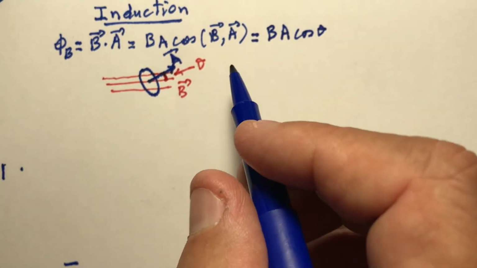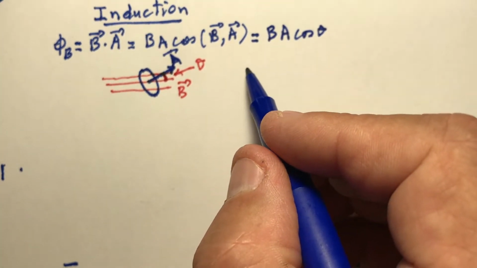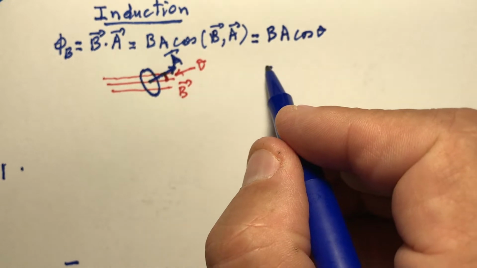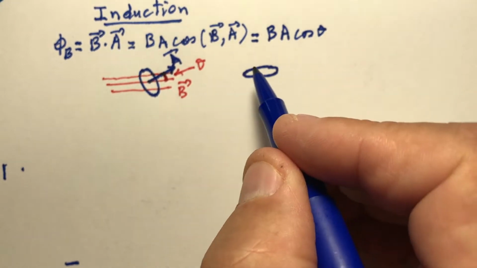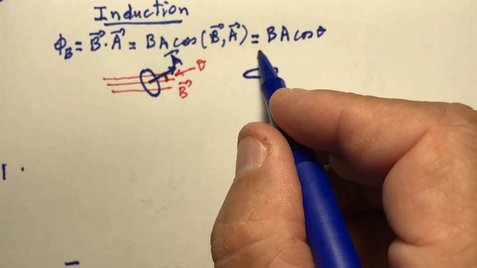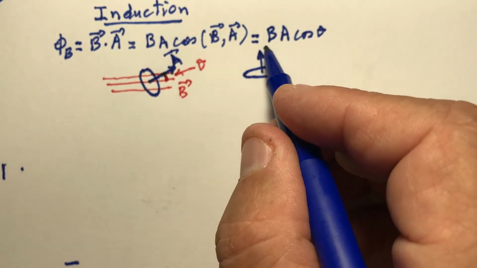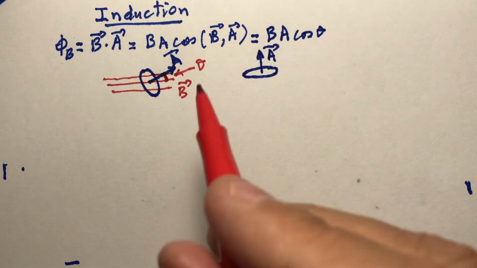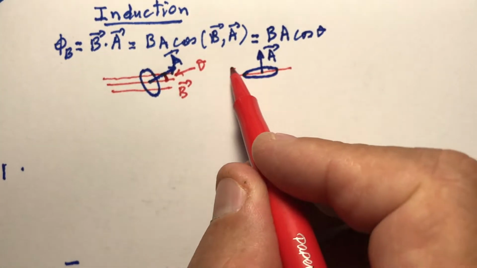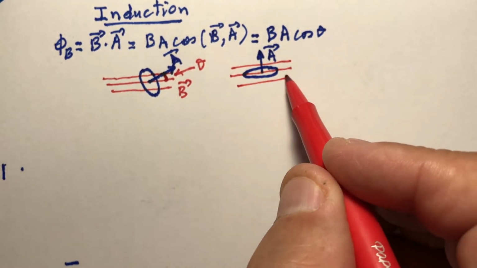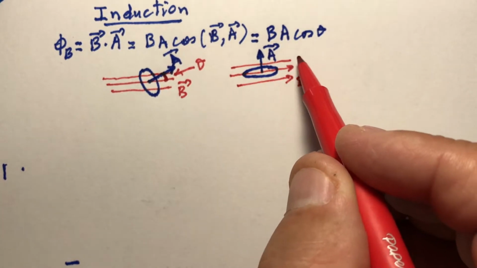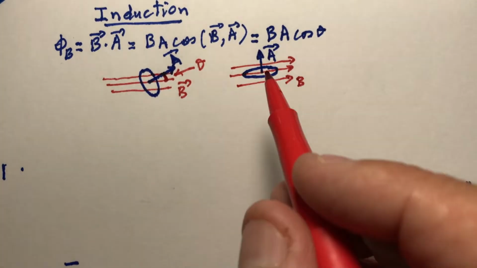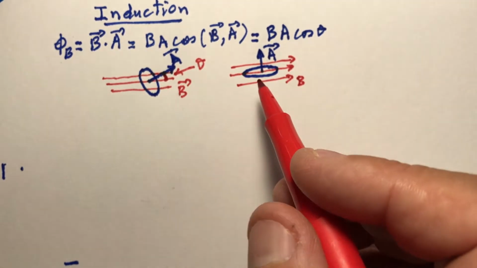Now, let's see if the vector area is pointing up like that. Here is the vector area. And then the magnetic field is going like this. Here is the B field. You can see that the B field and the area are perpendicular.